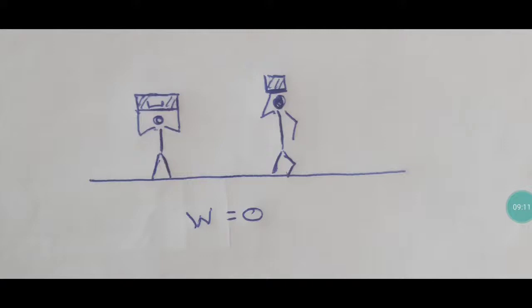So actually if you ask him, did you do any work? He will say, yes, I have done a lot of work. I'm holding this luggage on my head for a long time. I'm getting tired. My energy is getting wasted. I am perspiring. But if you ask in terms of mechanics, in terms of physics, the work done by the coolie on the left will be 0.